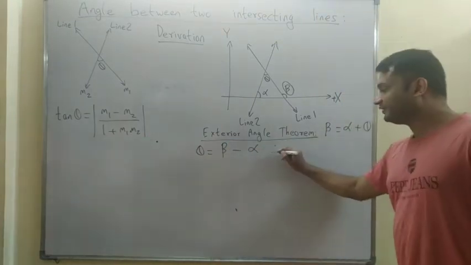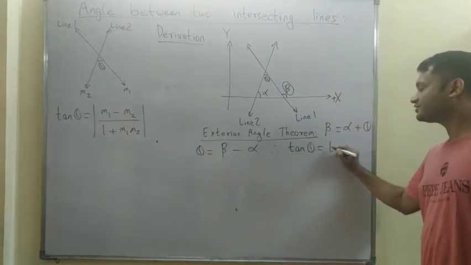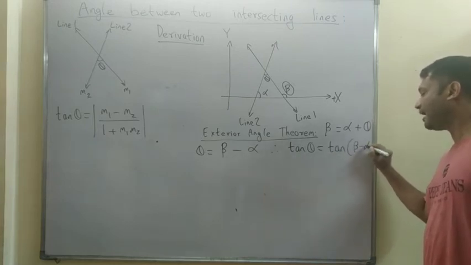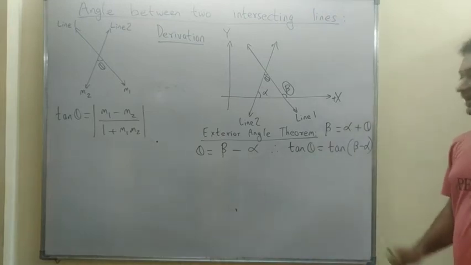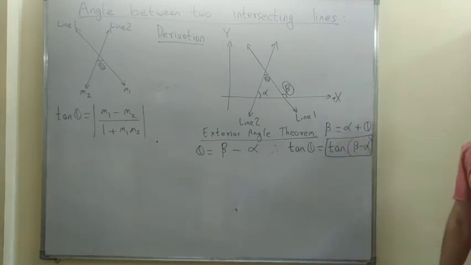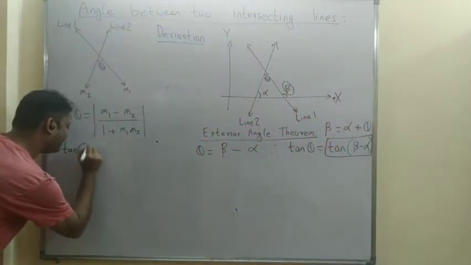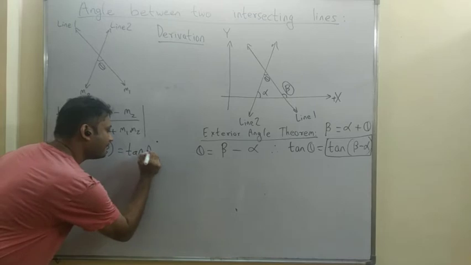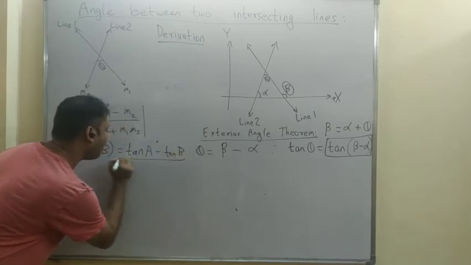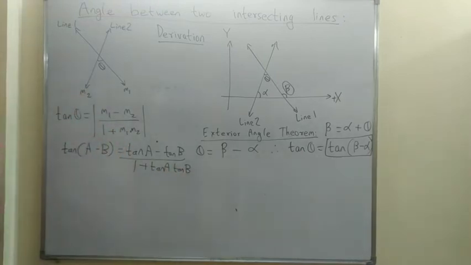Now taking tan on both sides, we get tan theta is tan of beta minus alpha. Let us use the identity tan of A minus B. In trigonometry, we have learned tan of A minus B is nothing but tan A minus tan B upon 1 plus tan A into tan B. This is the trigonometric identity which we want to apply.